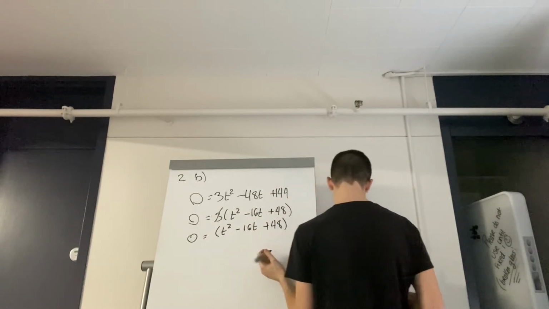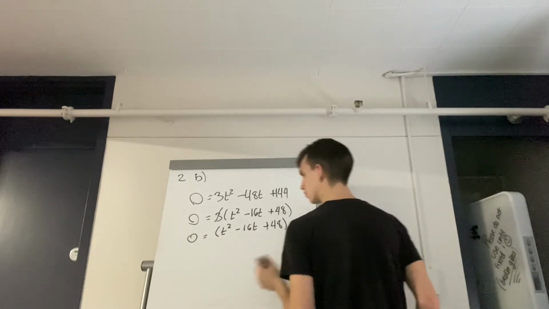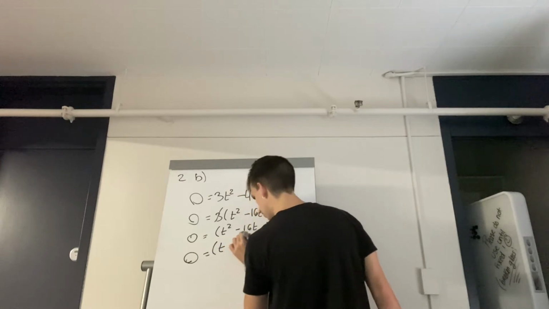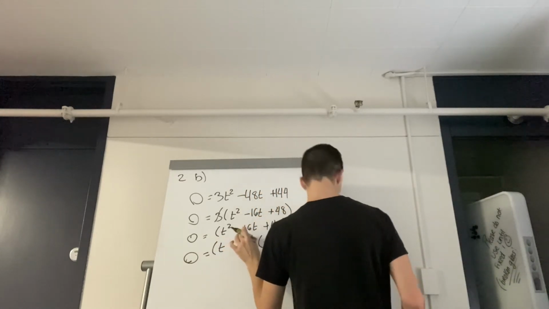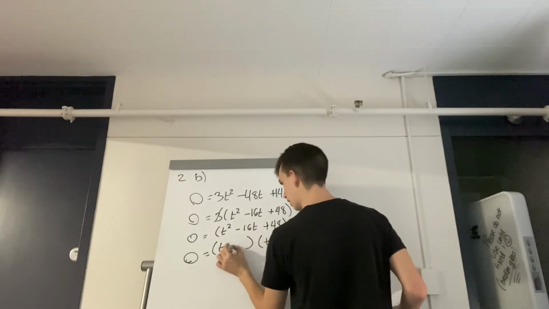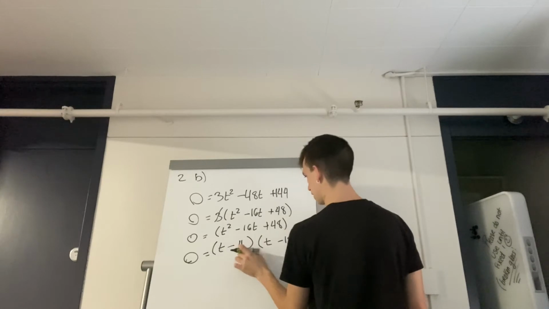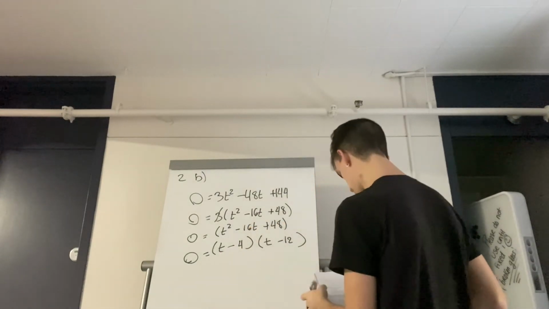Here, we're going to factor, so 0 equals t minus 4 times t minus 12. We know that negative 4 and negative 12 multiply to 48 and add to negative 16. So that's how we found this.